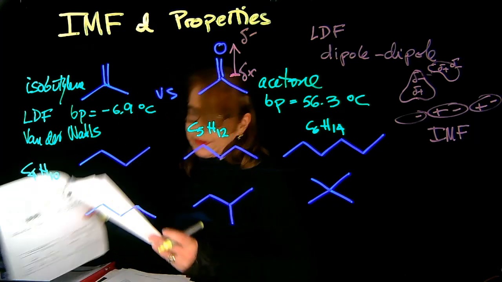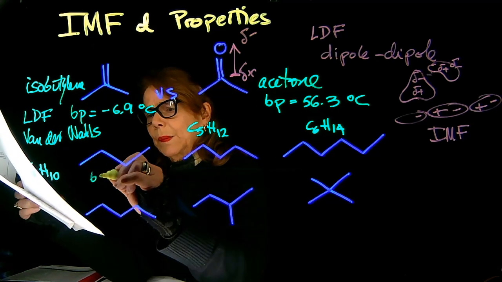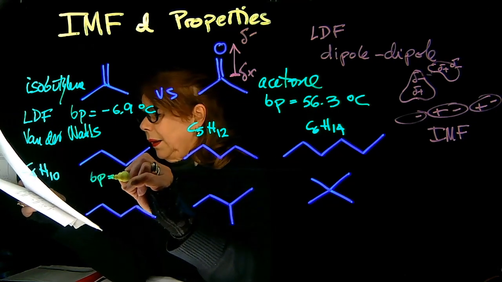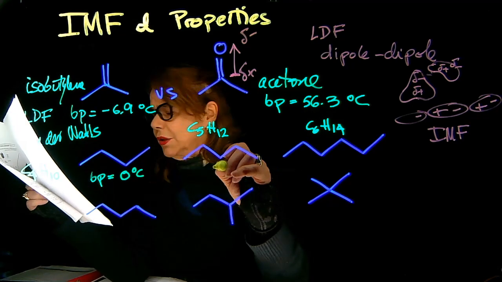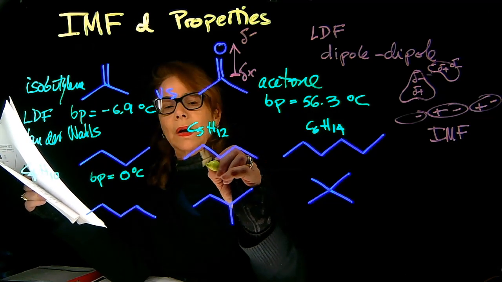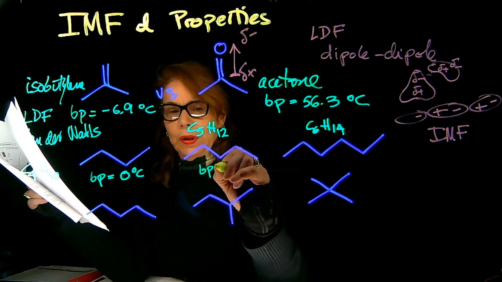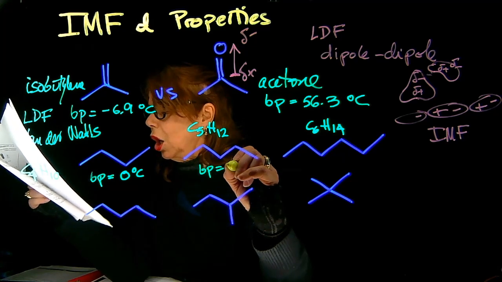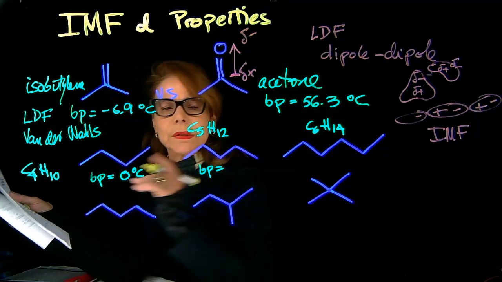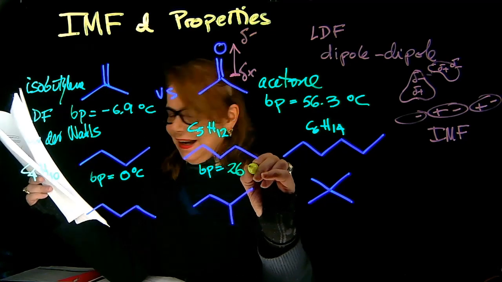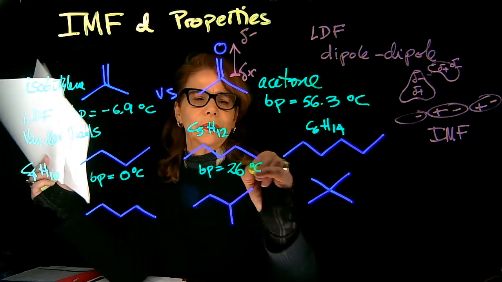So for butane, I have 0 Celsius. Then for pentane, my boiling point is, I believe, 26. I can't see my own notes very well.